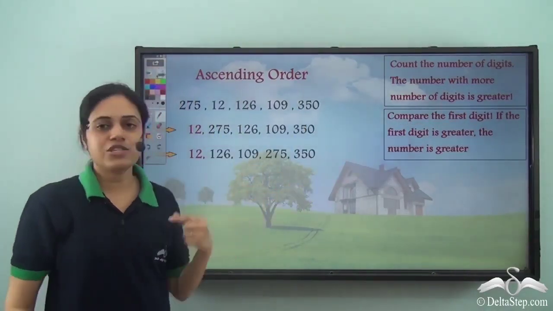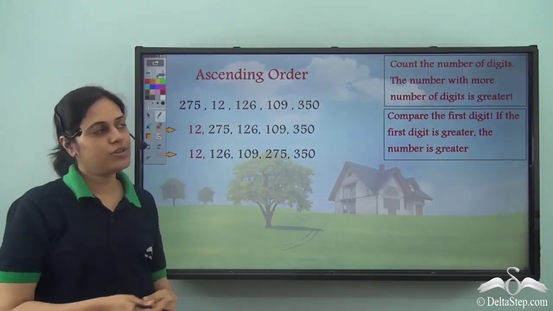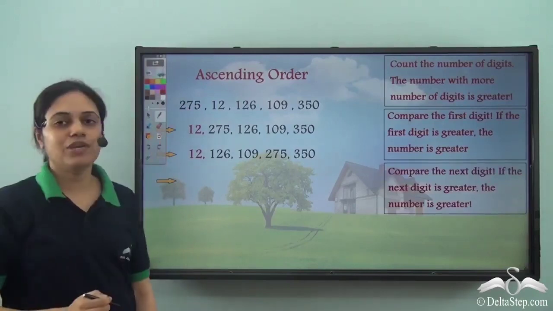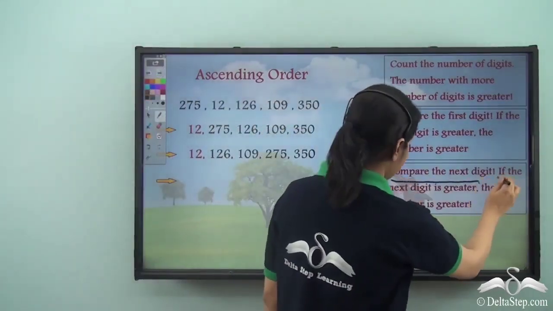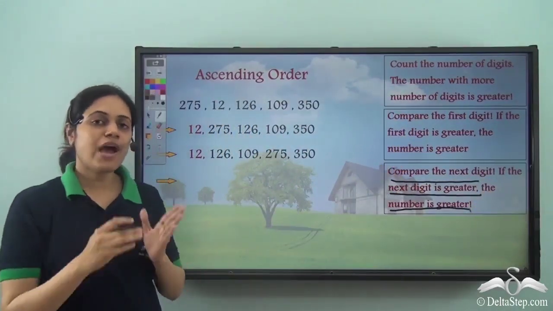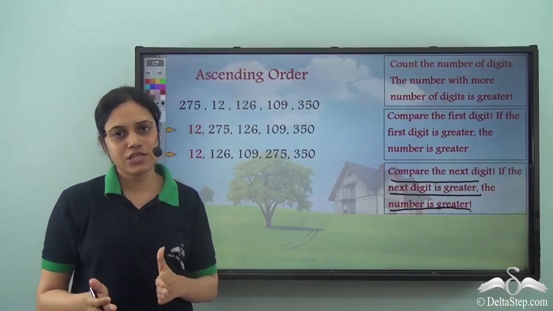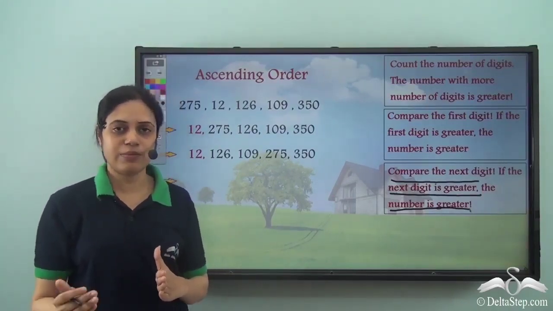Now I have used this trick, but the numbers are still not arranged in ascending order. So let me come to the next trick, which is compare the next digit. If the next digit is greater, the number is greater. So I have already compared the first digits. Now I compare the next digits of all the numbers.